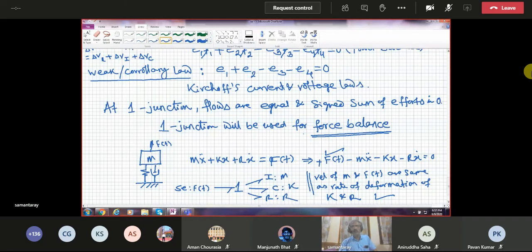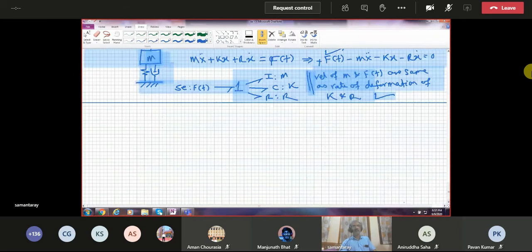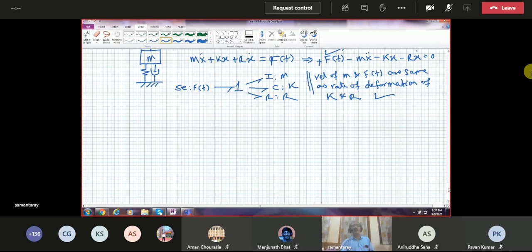So what you understand is this spring mass damper system is one junction, and a series electrical circuit is one junction. The exact opposite is the zero junction. Zero junction is nothing great, it's just the opposite.